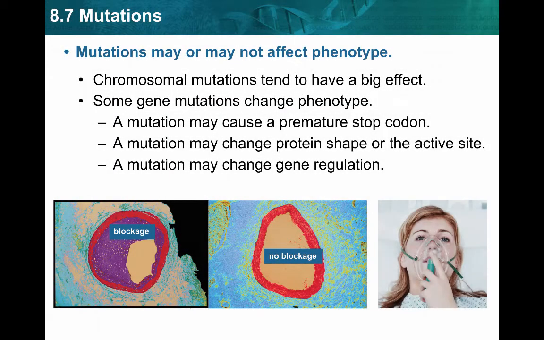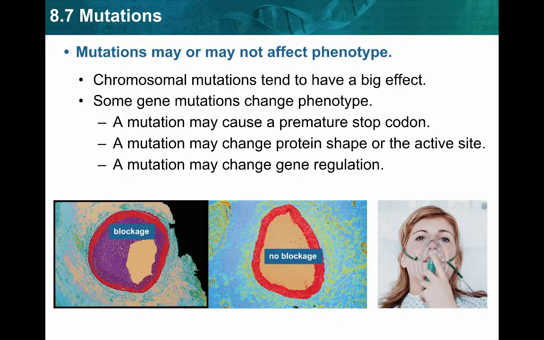So sometimes mutations affect our phenotype, sometimes they don't. But chromosomal mutations tend to have very big effects on our phenotype. Because a chromosome, again, has thousands of genes on it, if you are upsetting a chunk of a chromosome or a whole chromosome, you have a huge impact.